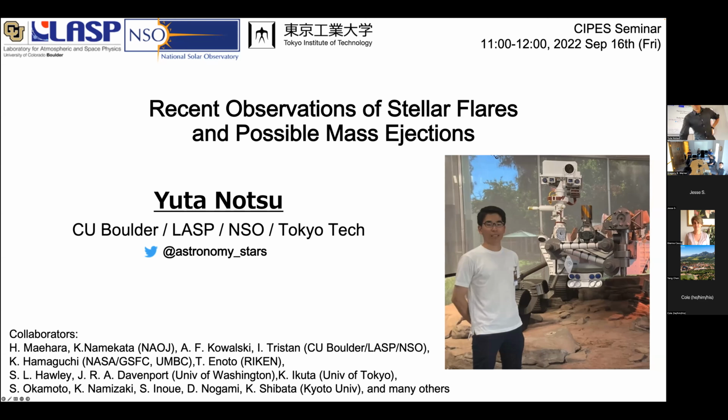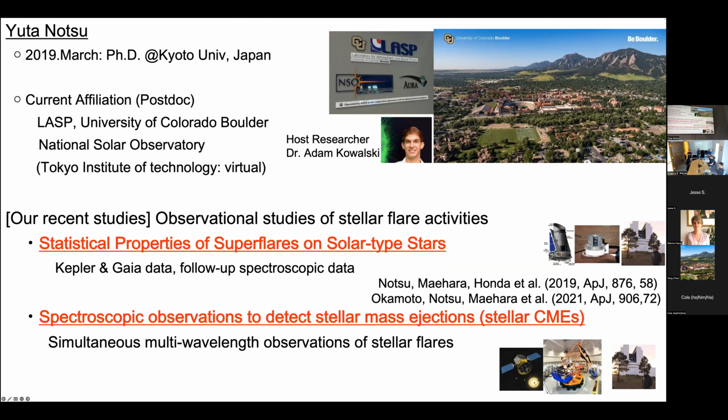Before going into detail, this is just my introduction. As introduced, I got my PhD in 2019, working with Professor Kazunari Shibata in the solar physics group there. After that, I came here, and I mainly work in the East Campus, in the LASP and NSO building.